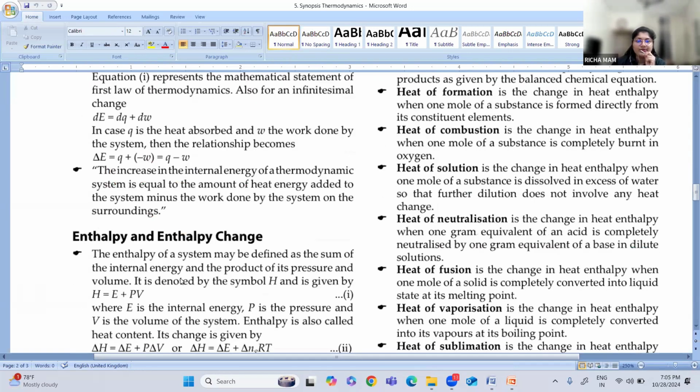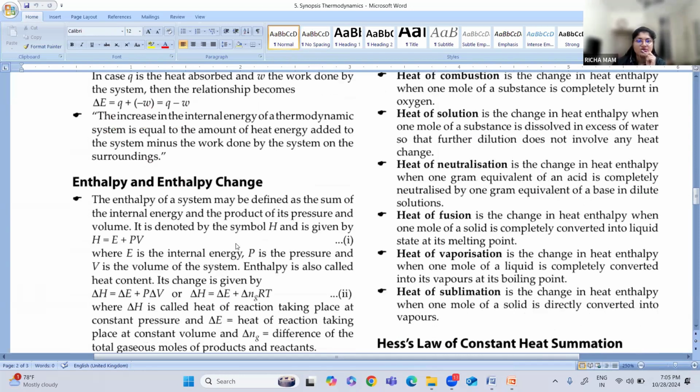So then enthalpy and enthalpy change. What is enthalpy? It is defined as the sum of the internal energy and the product of its pressure and volume. So this also we have seen, that is enthalpy is equal to E plus PV, right? So enthalpy is also called the heat content.